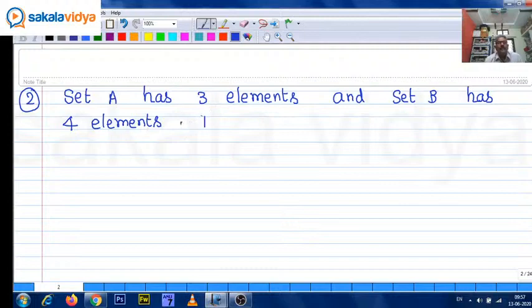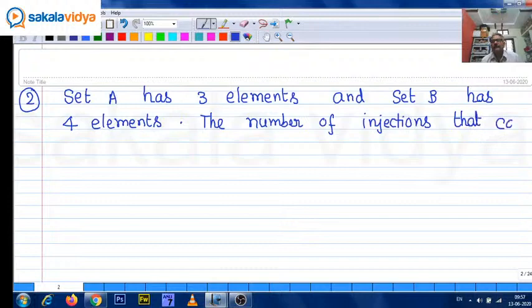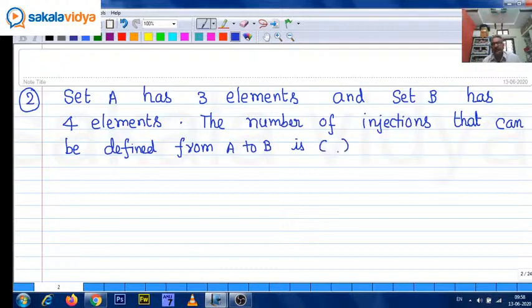The number of injections that can be defined from A to B is, this is the question.